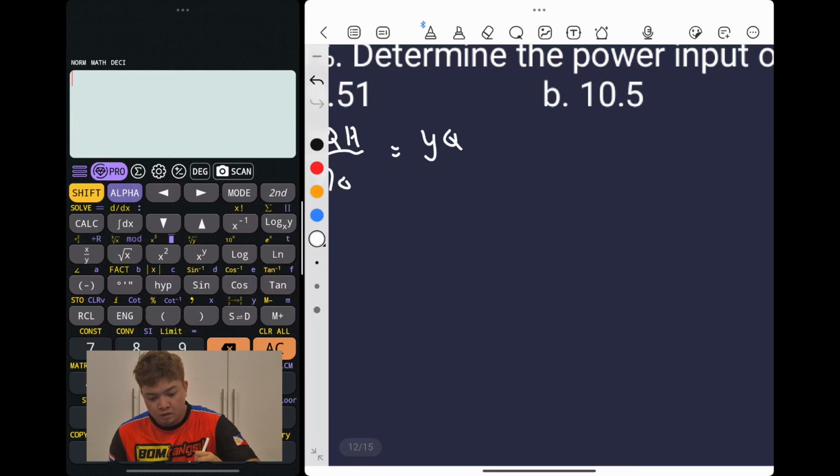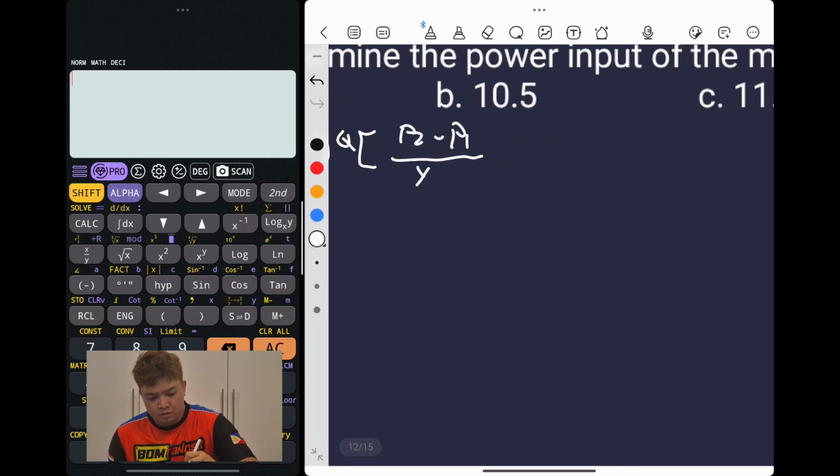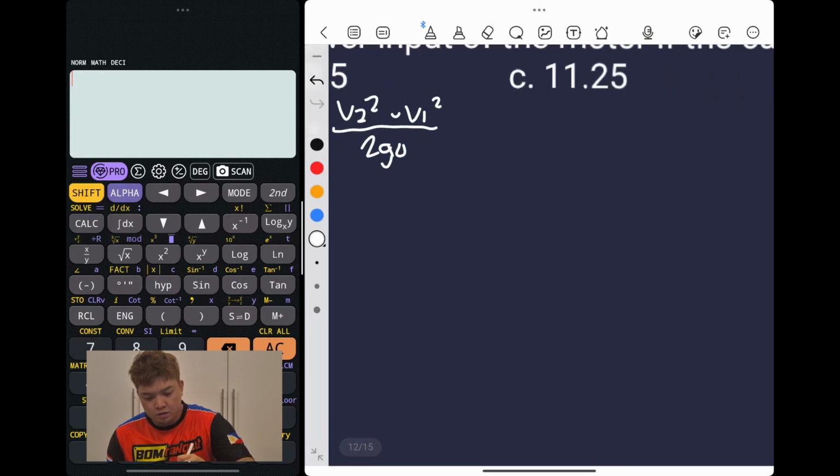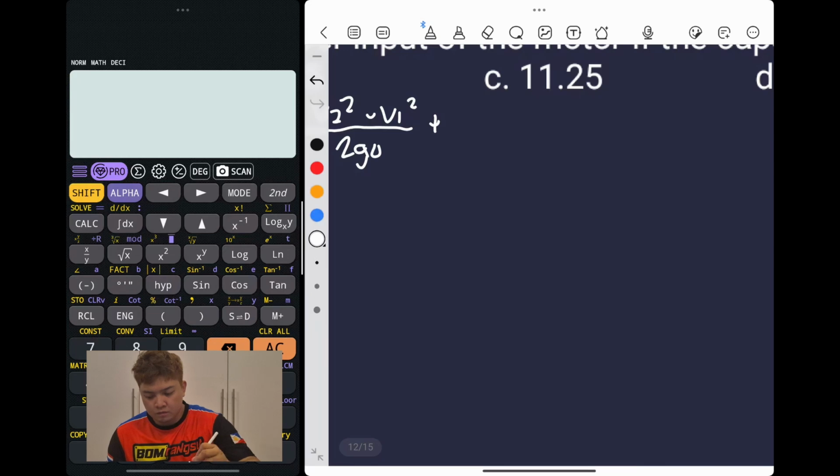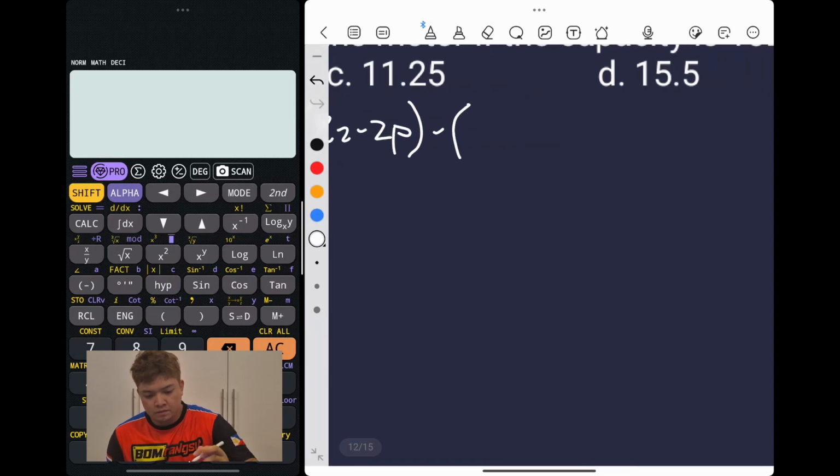Then gamma Q times P2 minus P1 over gamma plus V2 squared minus V1 squared over 2g plus our elevation 2 minus ZP minus elevation 1 minus ZP ulit.